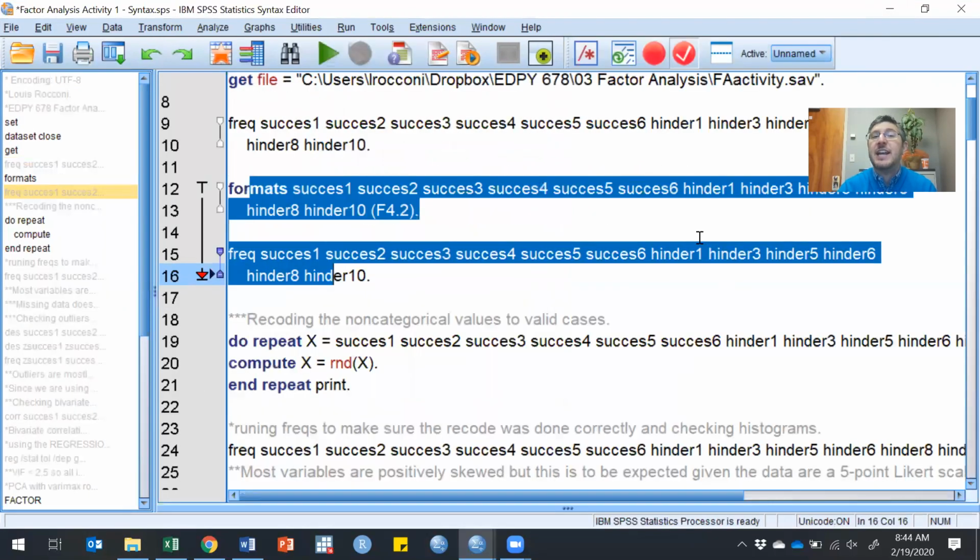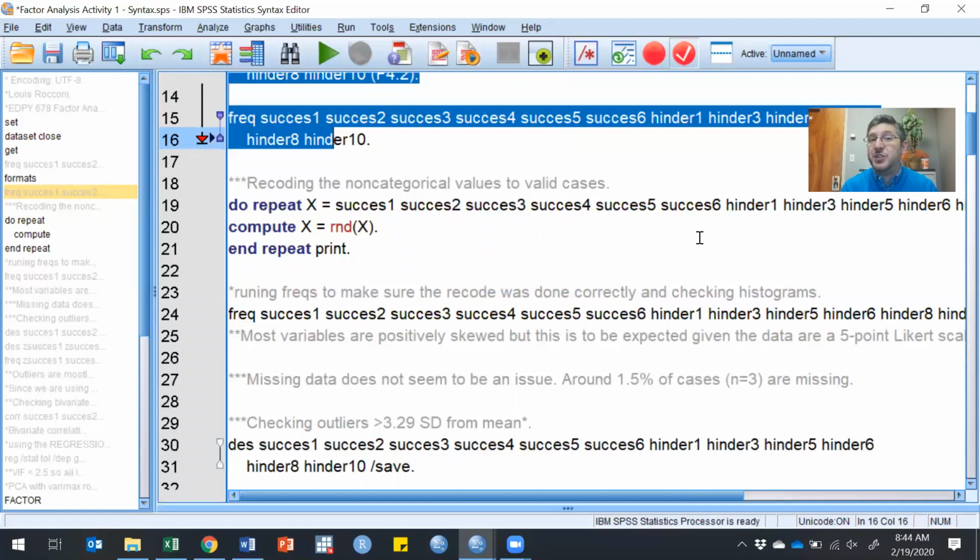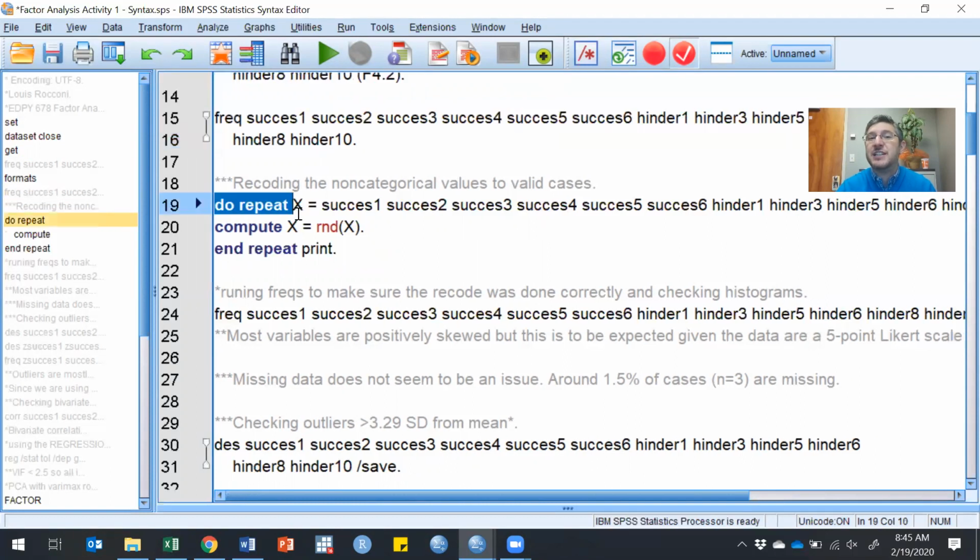You can do that. Here I've decided that I want to recode them. I'll basically want to take the value and just round it to the nearest category and put the people in that category. I'm just saying that these were miscoded when we were typing it in. And so this DO REPEAT is going to repeat this command, anything between DO REPEAT and END REPEAT. It's going to just repeat, replacing X with each one of these.